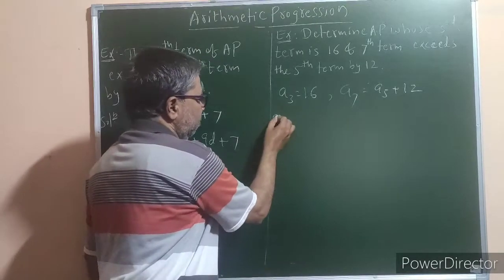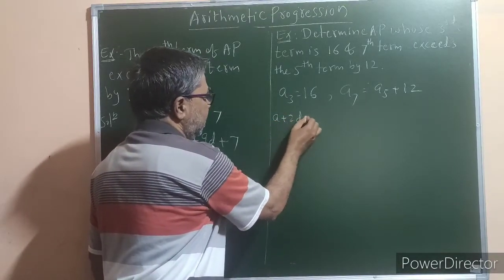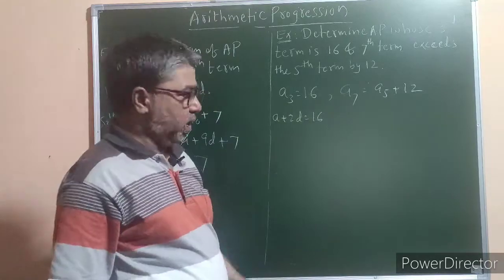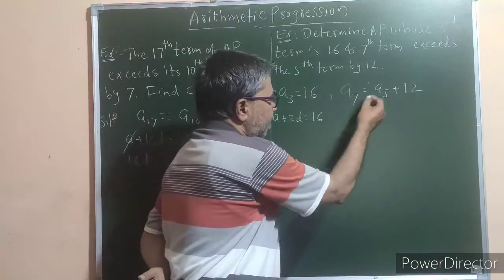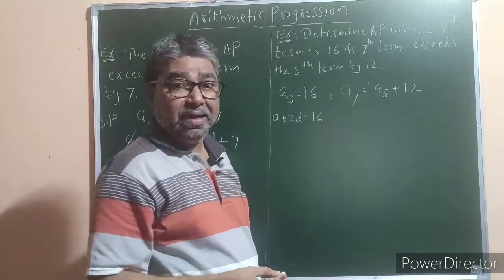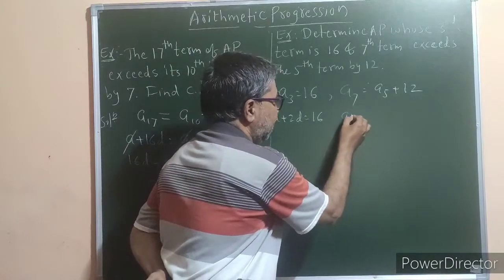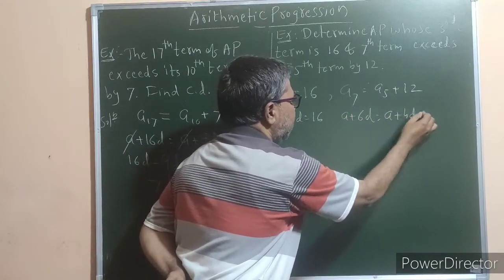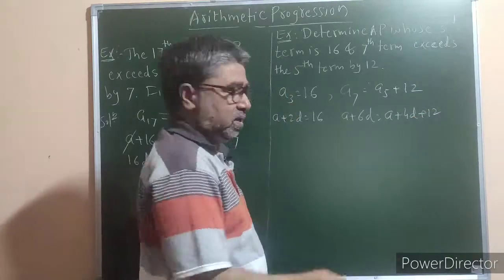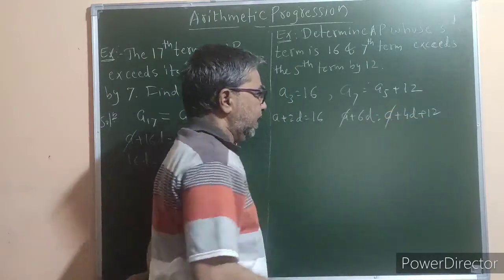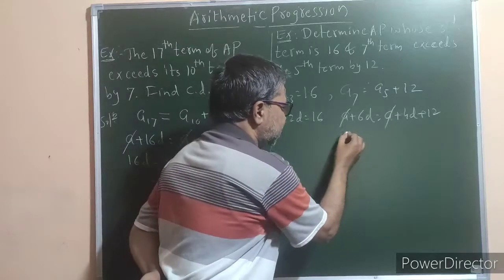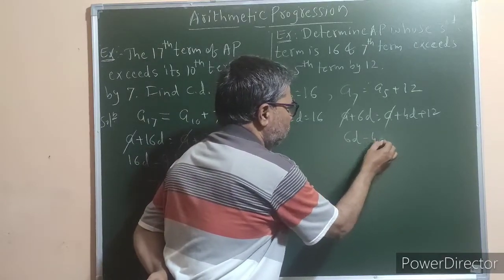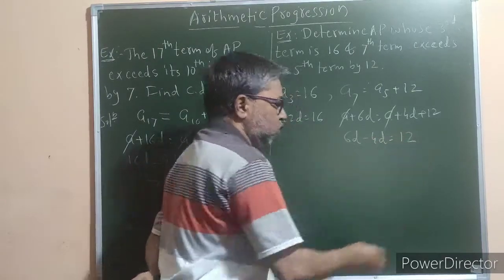Now apply the formula: a plus 2d is equal to 16. Again apply the formula for A7 and A5 respectively: a plus 6d is equal to a plus 4d plus 12. So a gets cancelled. Then 6d minus 4d is equal to 12.